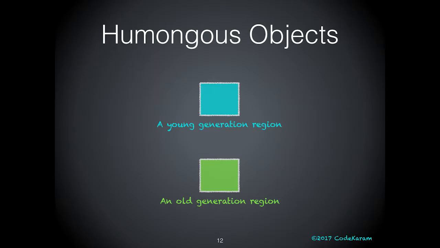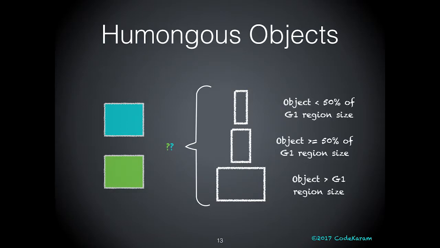The notation henceforth is young generation in blue or turquoise, and old generation in green, or whatever's closest to green. And I have 3 objects. Object number 1 is less than 50% of G1 region size, okay?